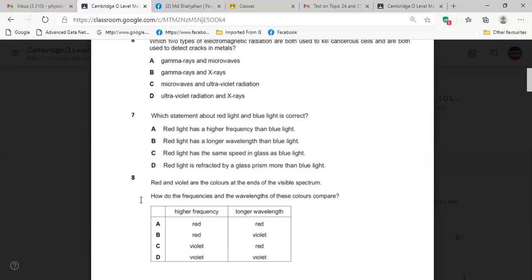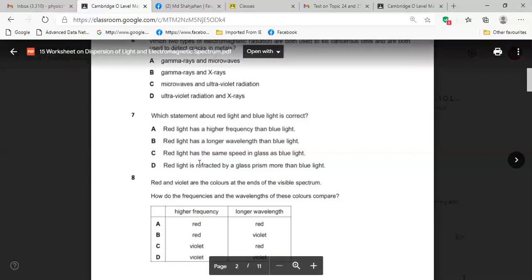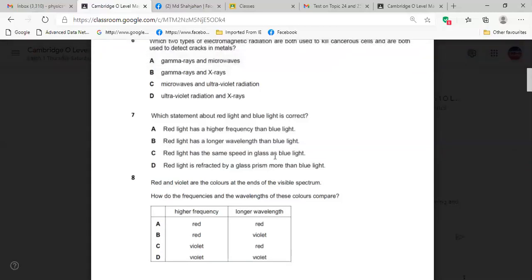Because its speed is more, right? Yes, sir. If something's speed is more, then it is bending less. So if you have the printout of this worksheet, you can write beside C that red light has more speed in glass than blue light, because red light has more wavelength.